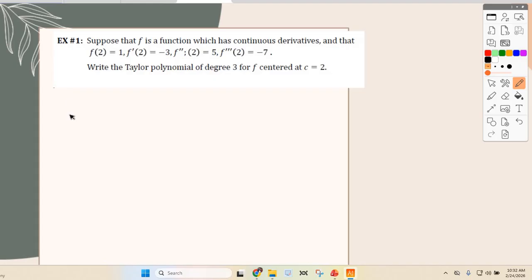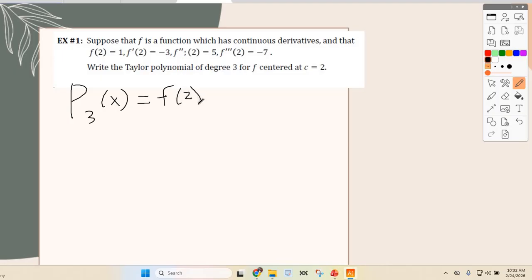So let's build it out. I'm just going to apply the formula straight up first without plugging in values, just so that we practice what our formula looks like. So what is our first thing that we have there? f of c. And in this case it does give us that our c value is 2.